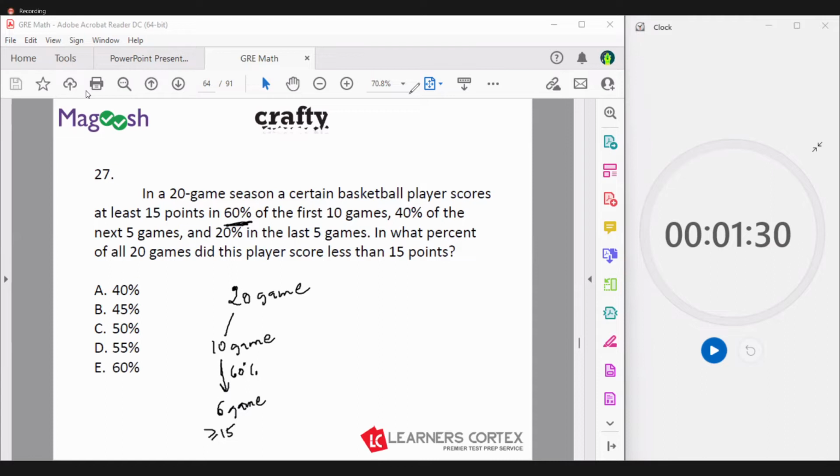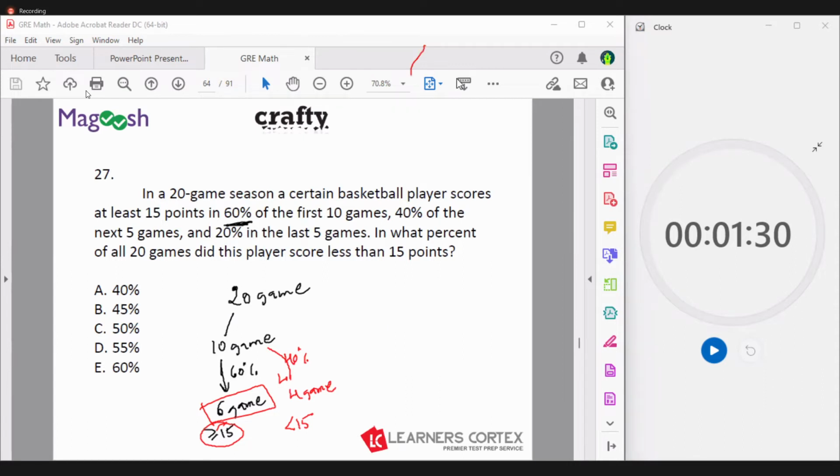In the rest of the 40%, which is 4 games basically, the player is scoring less than 15, because if the player scores equal to 15, it is added in these 6 games. Any game in which the player has scored even 14 points would come into the 40%.